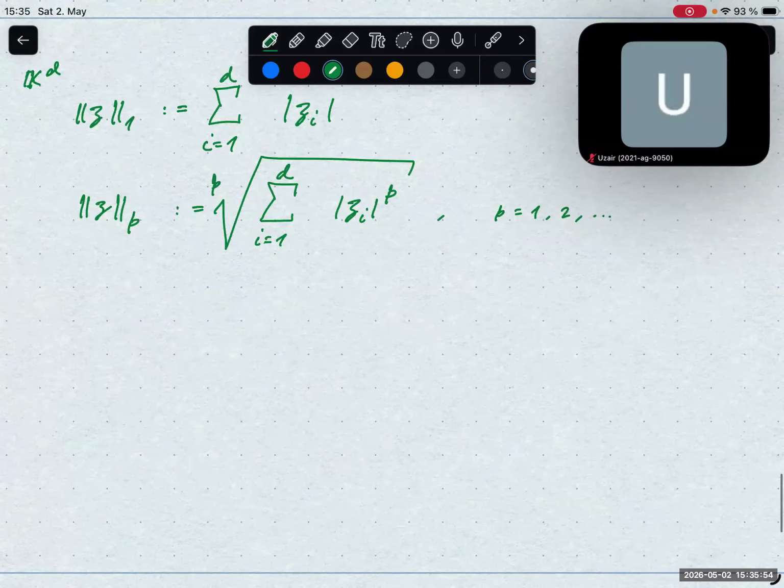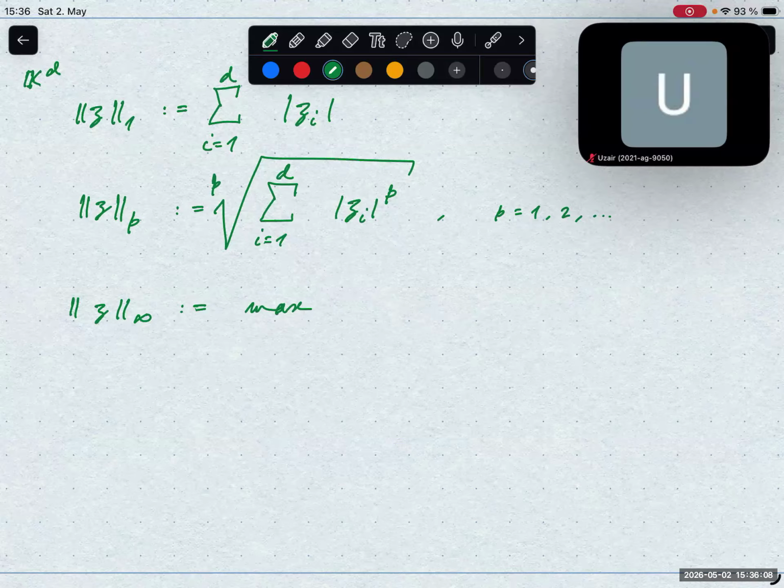We have also seen a prototype of this yesterday, and that is the supremum norm. If you recall, this is just the max of this function over all the indices, 1 up to n.